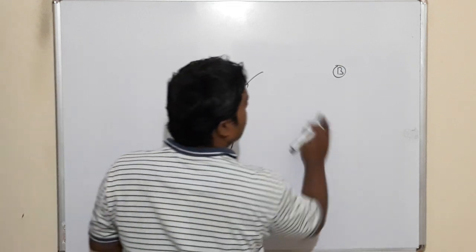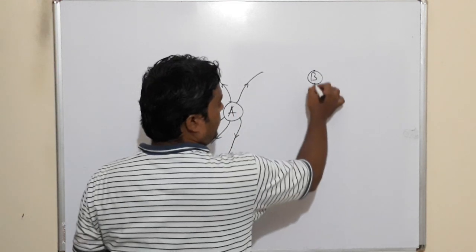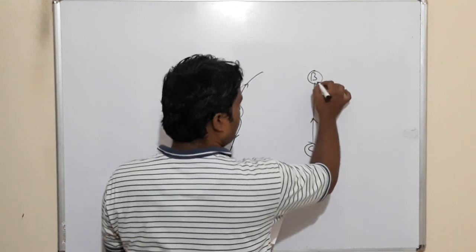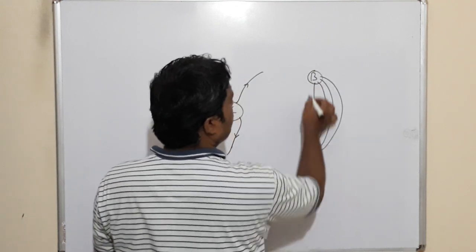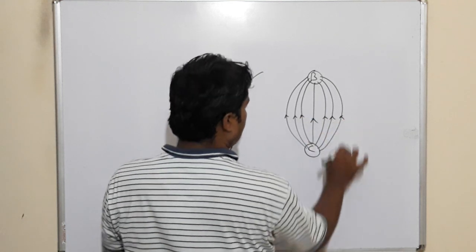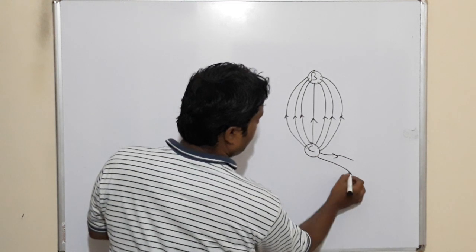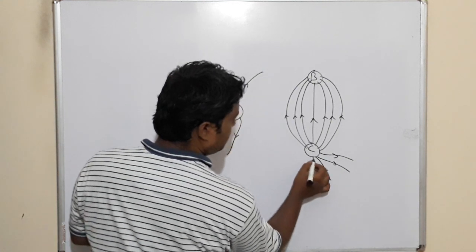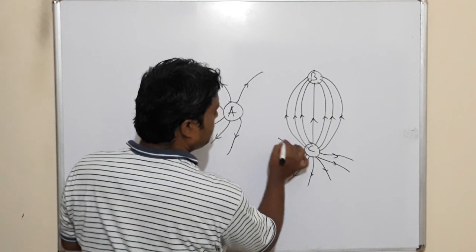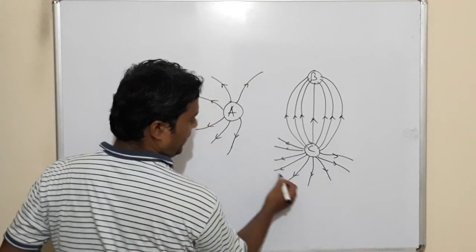At A, C and B they are represented. 1, 2, 3, 4, 5, 6, 7, 8, 9 lines.